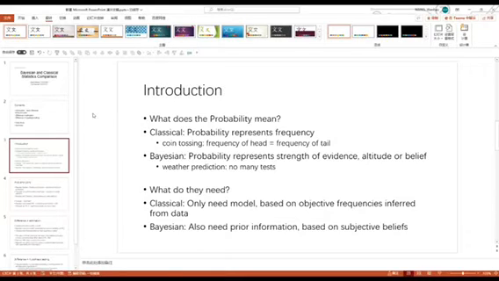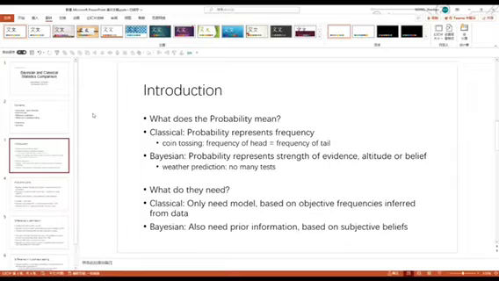Classical statistics is based on objective frequency and inferred from data. We need to notice that our choice of model will largely influence the result. If we choose a linear model, maybe the result will be completely wrong.